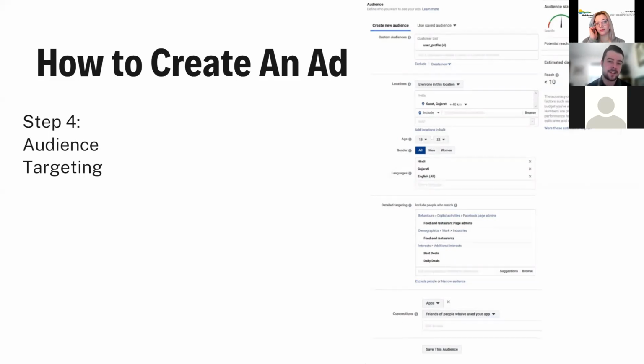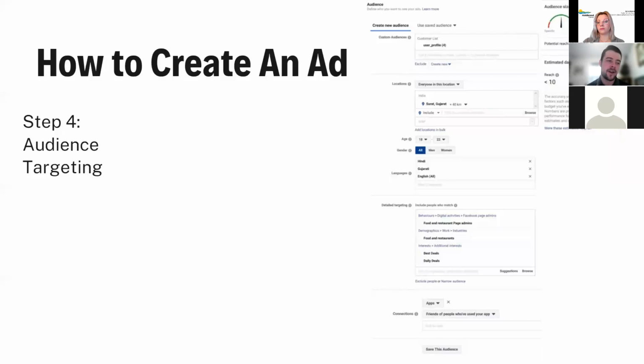Beyond that, you can select an age, gender, the language you want to target, as well as picking a specific audience. For example, are people interested in food and restaurants? Are they interested in the best deals that they can offer? Facebook has an algorithm to target those specific people based on their interests.